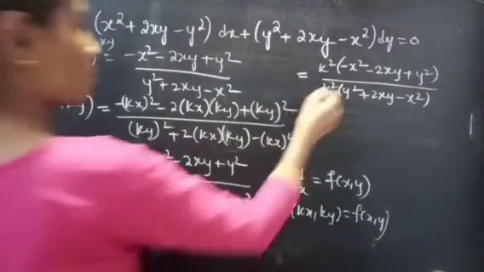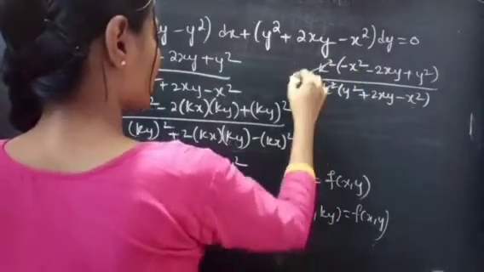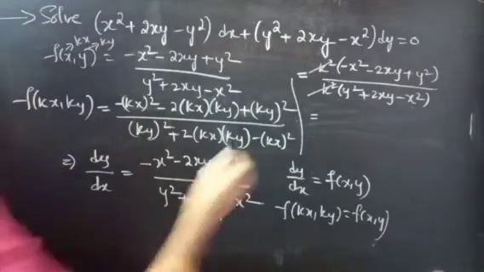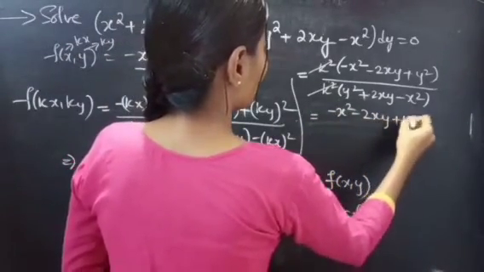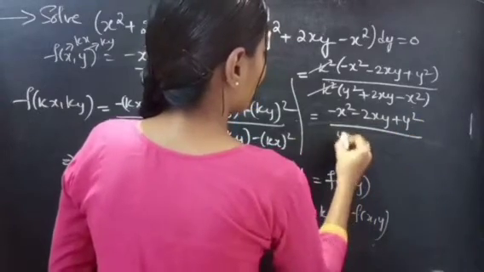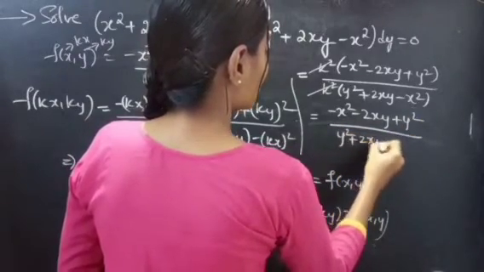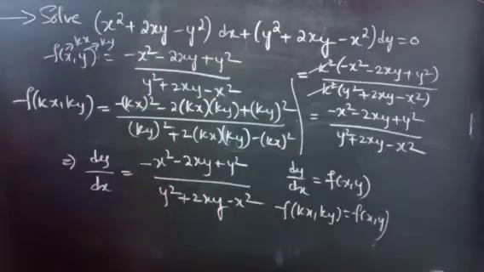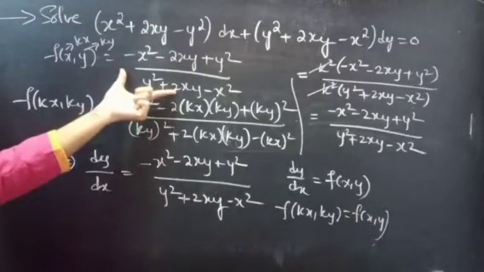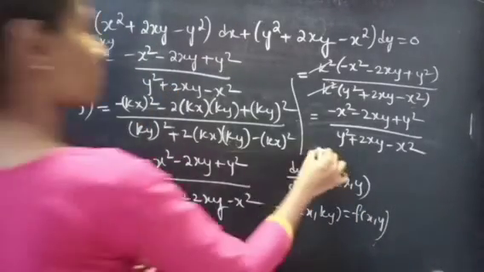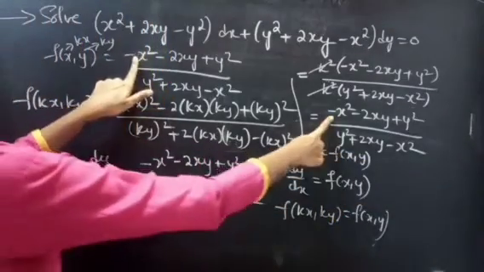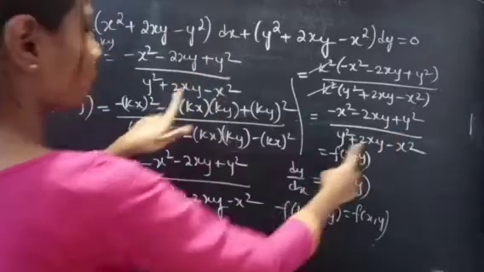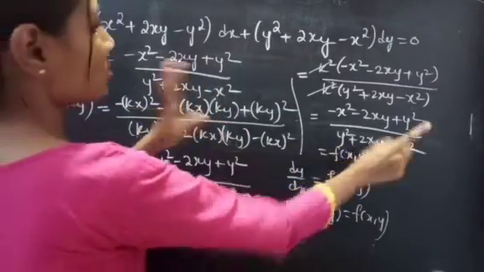So here k² gets cancelled from the numerator and the denominator. Then we'll get (−x² − 2xy + y²)/(y² + 2xy − x²), which is a function of x and y.